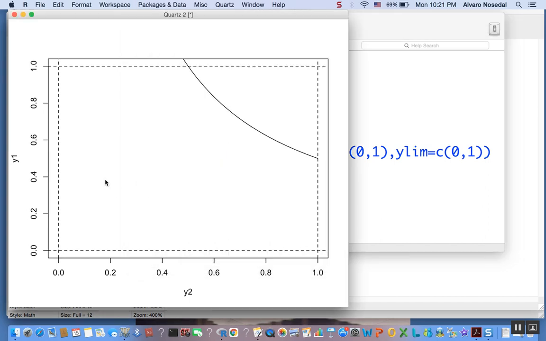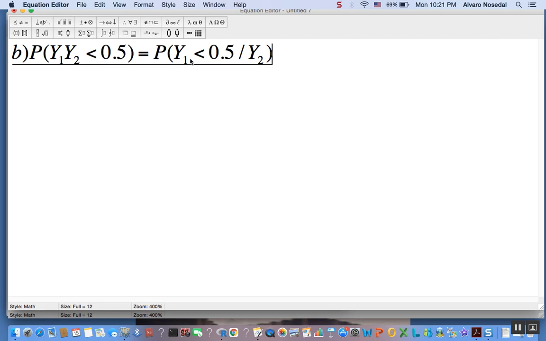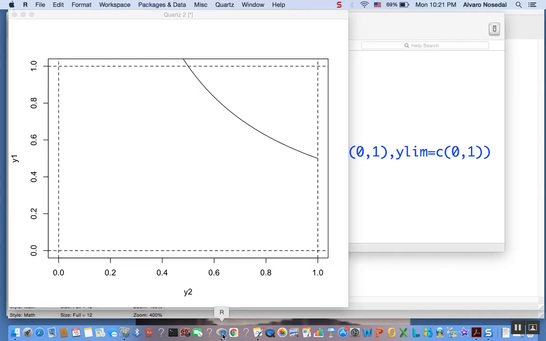Okay, so now let's see. What we want is the volume of that region, the points that satisfy that inequality, the y1s that are below 0.5 divided by y2.